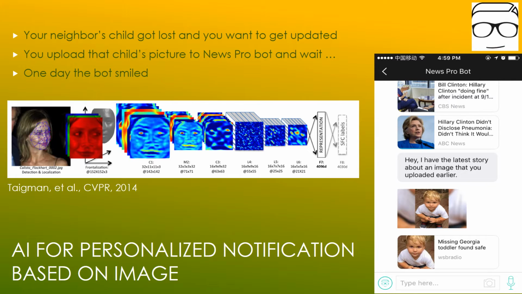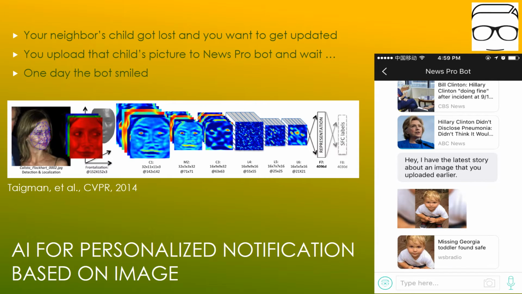So in News Pro, we actually shipped one of the personalized news experiences. It's just the starting point, but I think we're headed in the right direction. For example, if your neighbor's child got lost, and you would like to get updates on that information, usually for this type of news, the news will not include the name of the child, but it often includes the picture of that child.